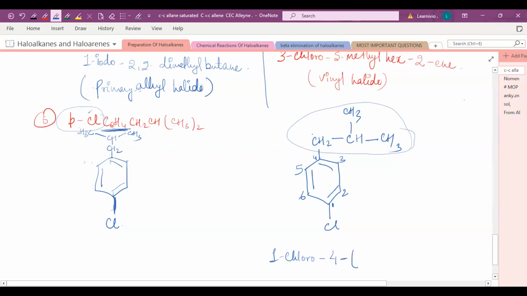So you can name this carbon as 1 dash, 2 dash and 3 dash. This is your secondary chain, which is attached to the fourth carbon of the benzene ring. So in the secondary chain, this is your parent chain.